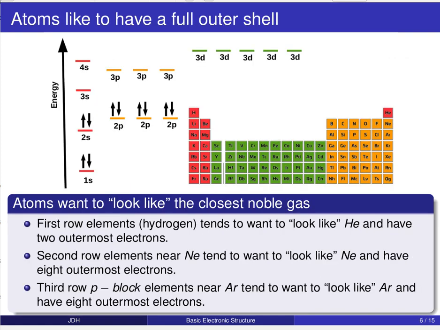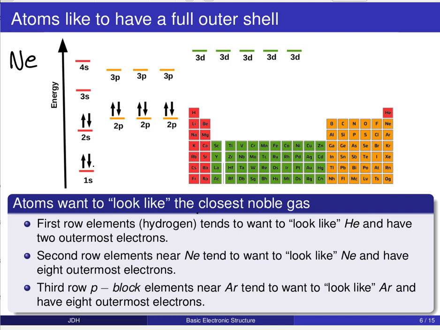Okay, so now I'm going to introduce a general principle that's going to use our definition of outer shell and allow us to lay the foundation for our very important periodic trend that we'll talk about shortly. So the rule here is that atoms have a tendency to prefer to have a full outer shell. Okay? And so if we look, for example, at the energy diagram for neon, we've got 10 electrons.